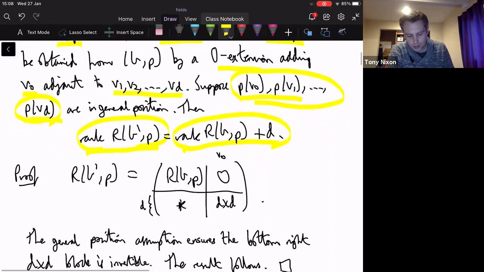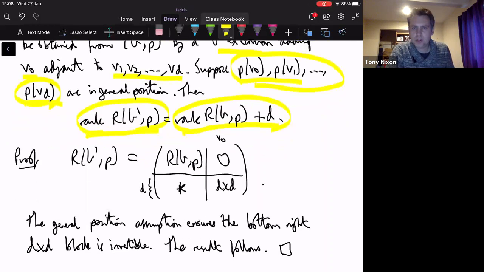Okay. So the proof is very easy. Maybe I didn't need to write anything if you're familiar with the rigidity matrix. What happens is when I take the rigidity matrix of G dash, I can just write the rigidity matrix of G and add the D columns for V0 and the D rows for the D edges incident to V0 and get a square submatrix in the bottom right that importantly has zeros above it everywhere over here.